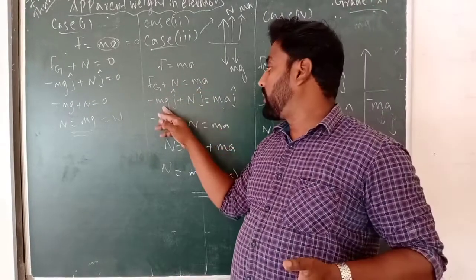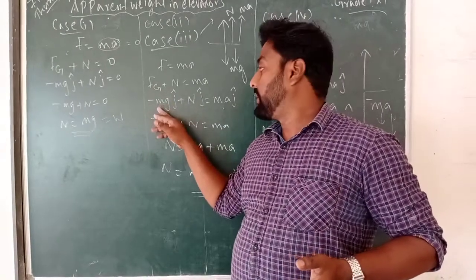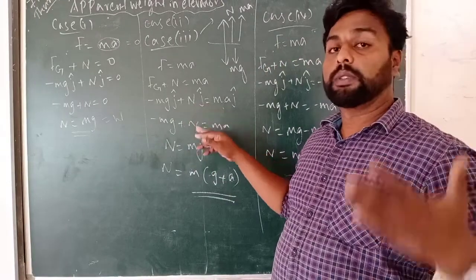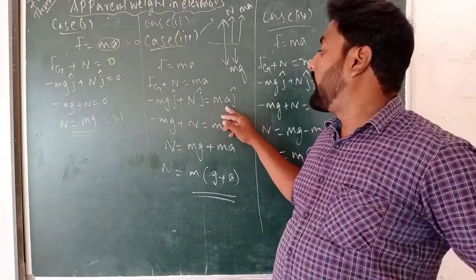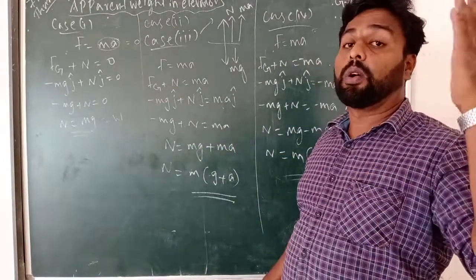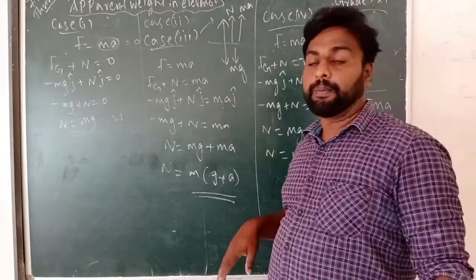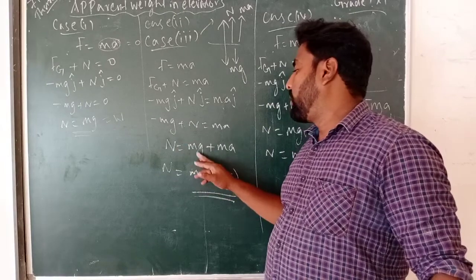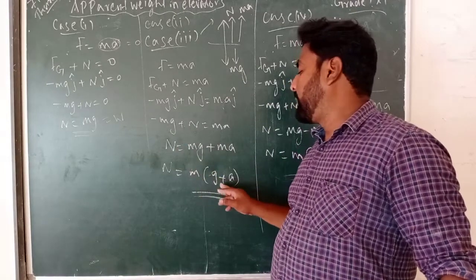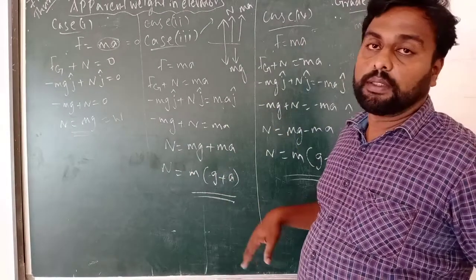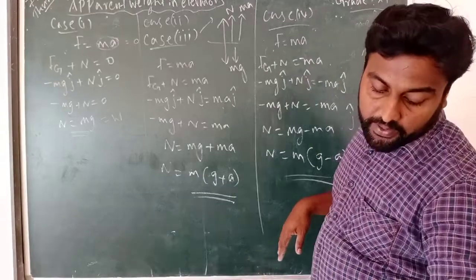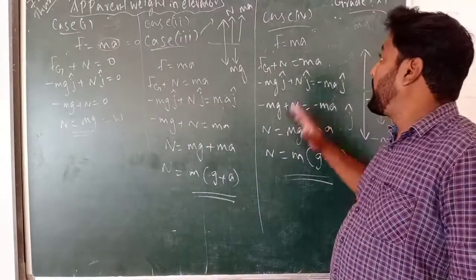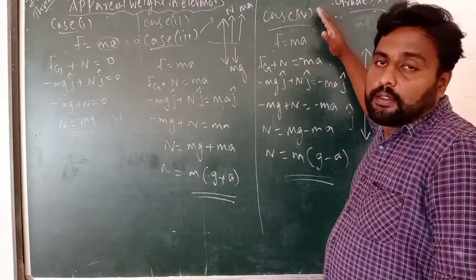Gravitational force is acting downward, minus mg, and the normal force is acting upward, N j, and the acceleration is also upward, so ma j. Now take minus mg to this side and take m outside commonly, so N is equal to m into (g plus a). So this is the third case. Now the apparent weight of the man is greater than his actual weight.